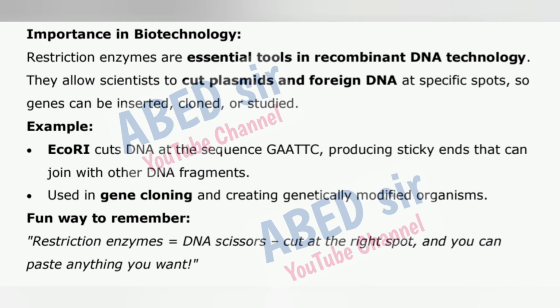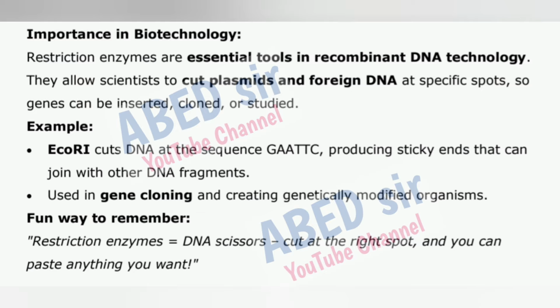Importance in biotechnology. Restriction enzymes are essential tools in recombinant DNA technology. They allow scientists to cut plasmids and foreign DNA at specific spots so genes can be inserted, cloned, or studied. Example: EcoRI cuts DNA at the sequence GAATTC, producing sticky ends that can join with other DNA fragments.